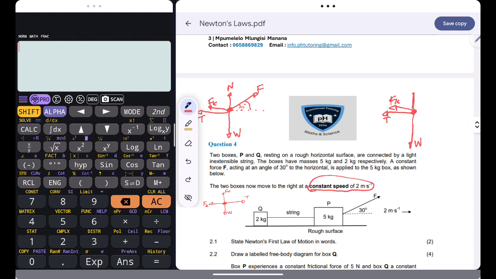Yes, there's still normal force, Fn. Let me indicate the components in blue. Yes, the object is being pulled at an angle, however it's moving horizontally. So that means we must have a horizontal component, Fx, and also a vertical component, Fy.